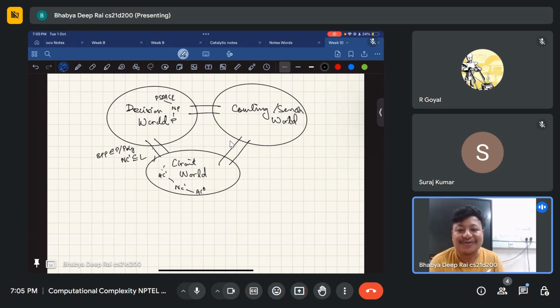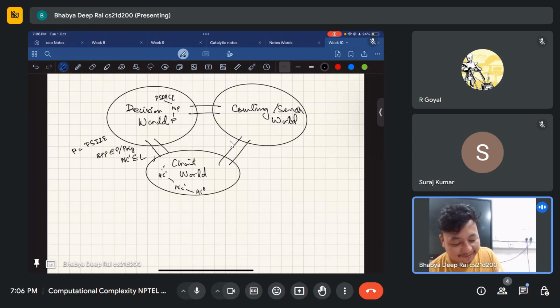You can relate with NC2 and so on. Using uniformity, you can see some other things, so, for example, P equals P-uniform polynomial size circuits, and so on and so forth. So these are some theorems that build bridges between the two worlds.